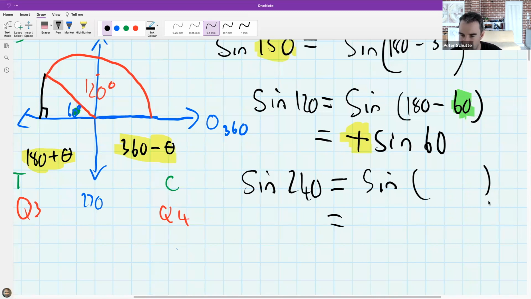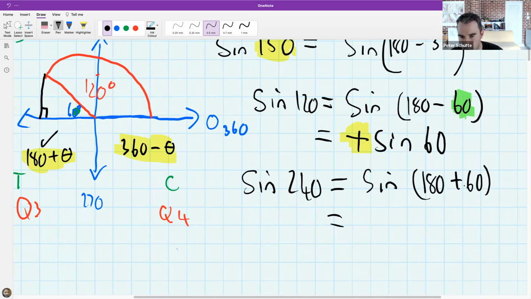How should I write it? The sine of 240 is in which quadrant? It's in quadrant number 3. So it has to have this format. I'm going to write it as the sine of 180 plus 60.